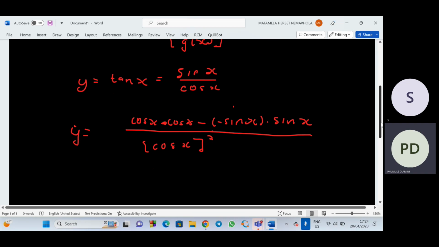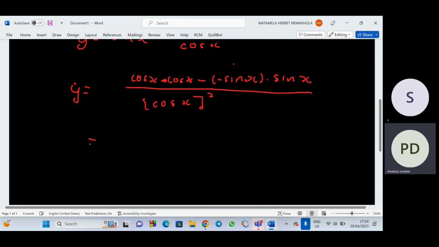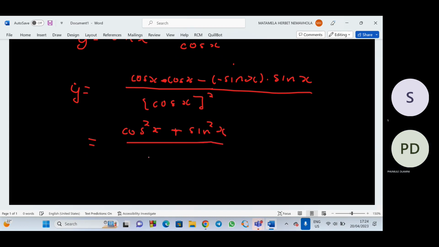If we simplify this, we get cos squared x, then minus times minus, negative times negative, gives positive, sine squared x, over cos squared x.